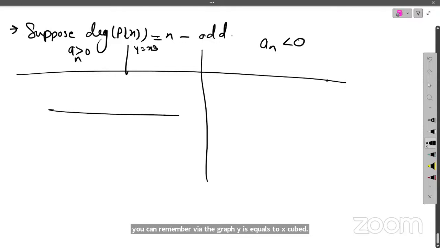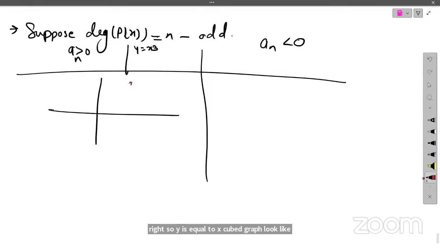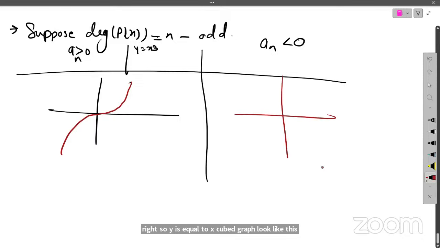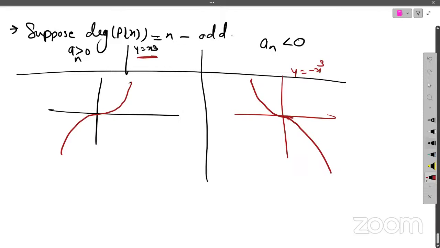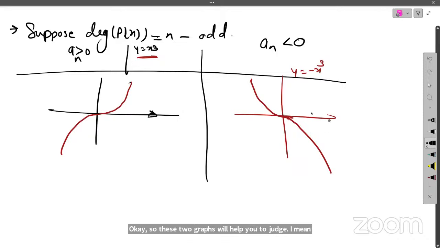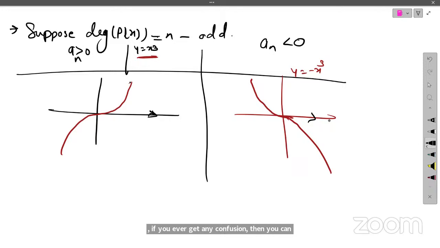The graph of y equals x cubed looks like this, and this is the graph of y equals minus x cubed. These two graphs will help you judge the end behavior if you ever get confused.